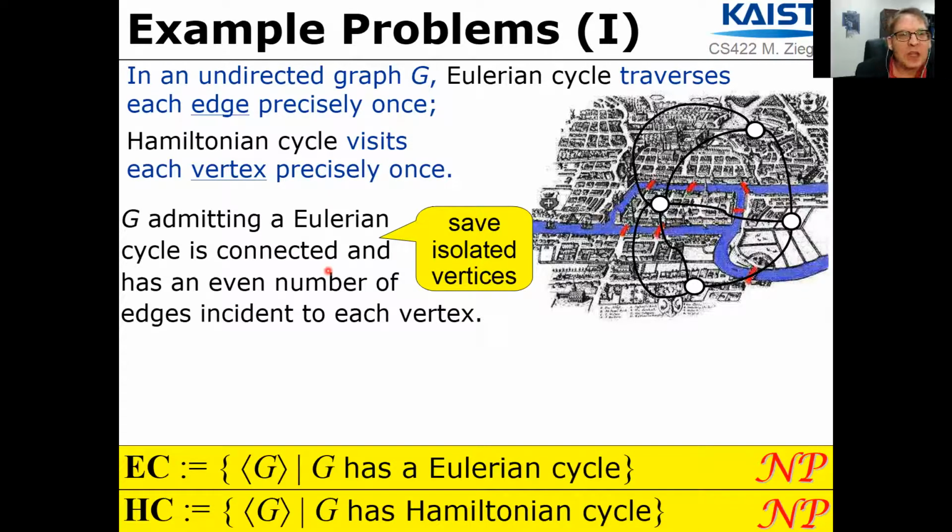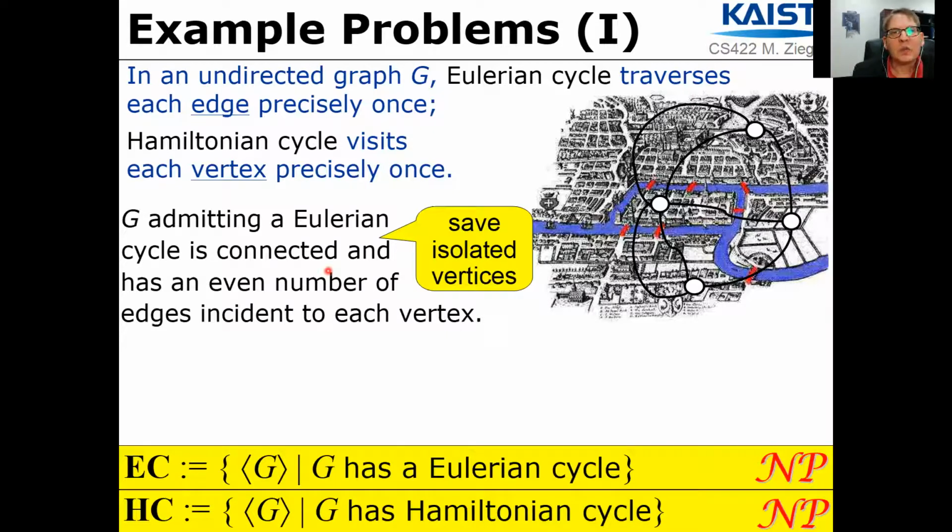So to summarize, we now have identified two simple necessary conditions for a graph to admit a Eulerian cycle. Namely, it must be connected after we've removed isolated vertices, and it must have an even number of edges incident to each vertex. And now it's a combinatorial statement that these two conditions together are not just necessary, but also sufficient.